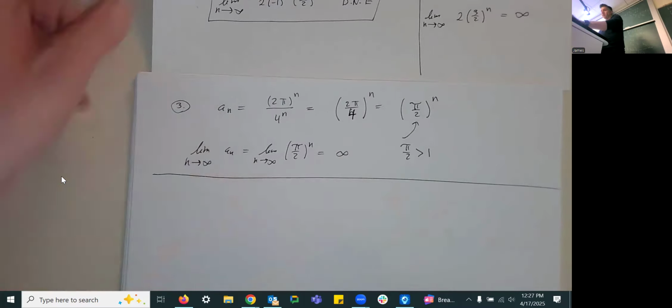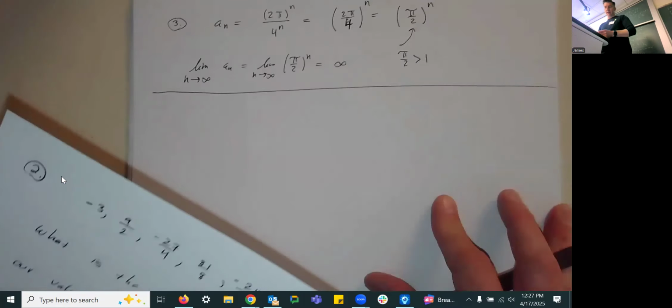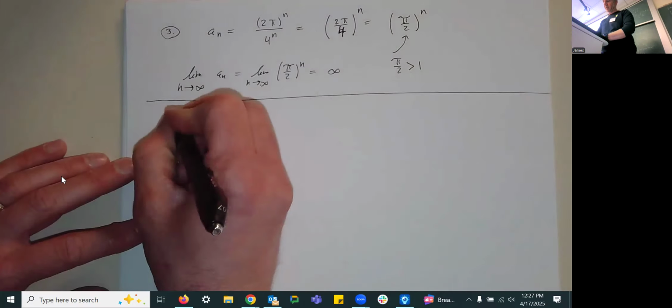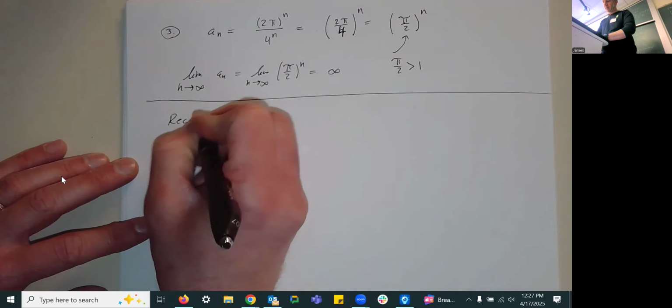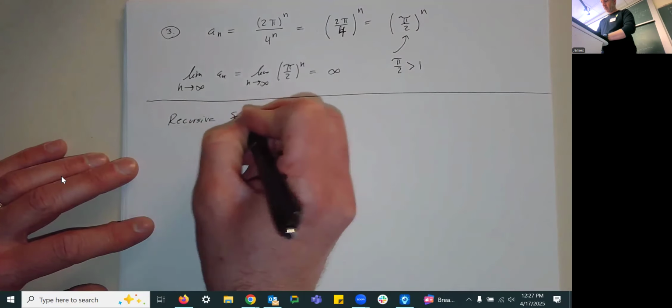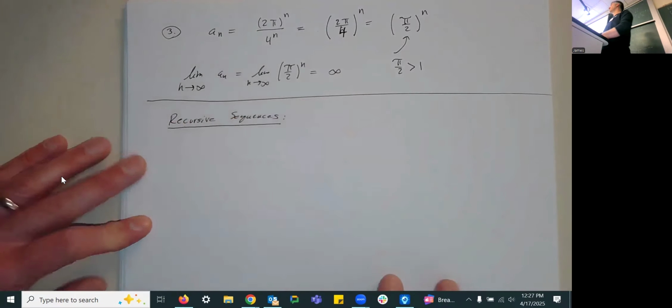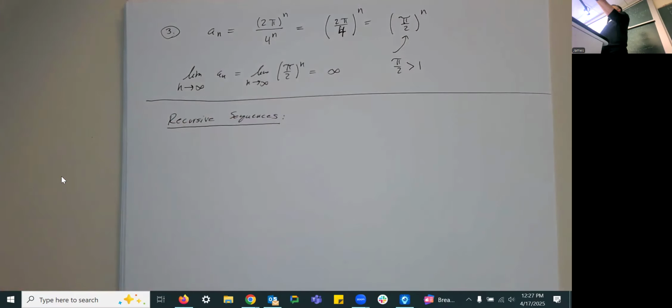The other type of sequence I wanted to briefly mention, although it might be in a similar vein as far as if people talk about it, but I do feel compelled to talk about it, are recursive sequences. A recursive sequence is a sequence where the next term you're looking for is based on the value of the current term.